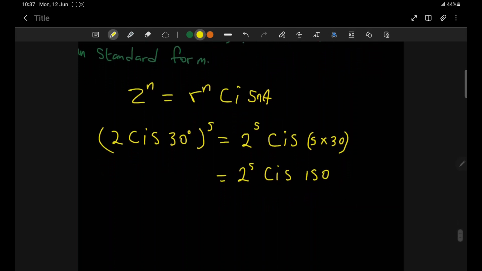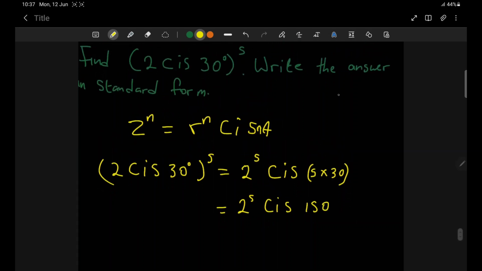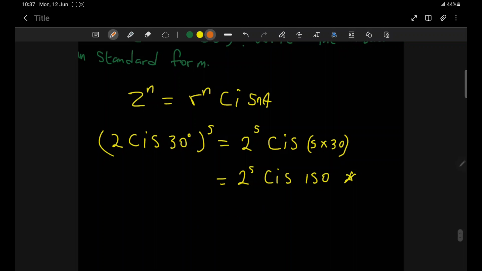So now, in our question we were told to write the answer in standard form. So we need to convert our solution into standard form, or regular rectangular form of complex numbers. So we'll have 2 raised to 5 multiplying cos 150 plus i sine 150.